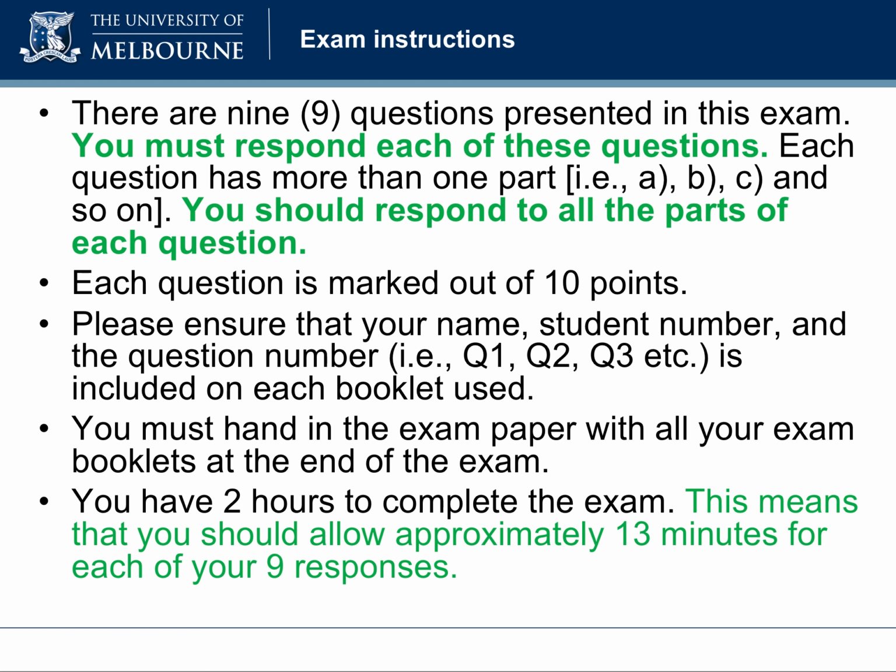So, of course, if we think about weeks 4 through to 12, again, that's 9 weeks, which means there are 9 questions presented on the exam, and you should respond to each one of the questions. And each of the questions has a number of subcomponents. You should also respond to each subcomponent in each question.